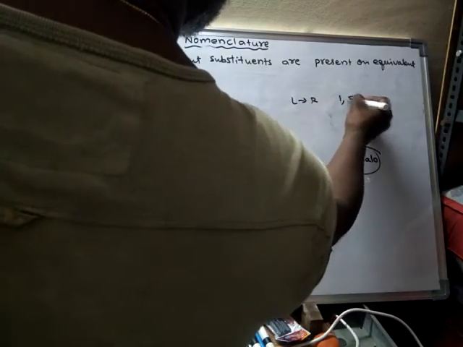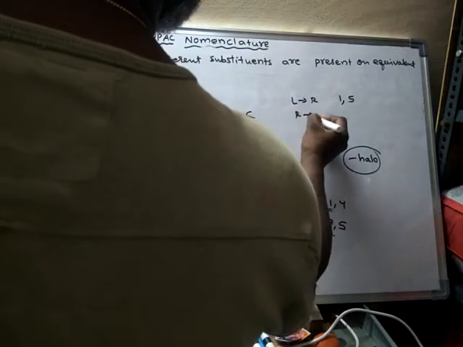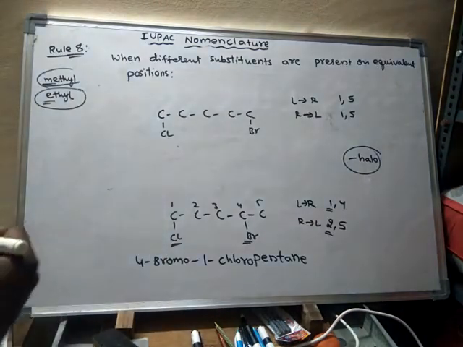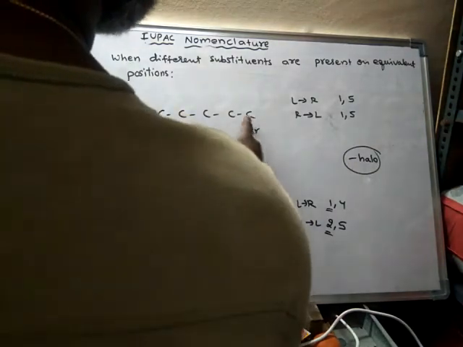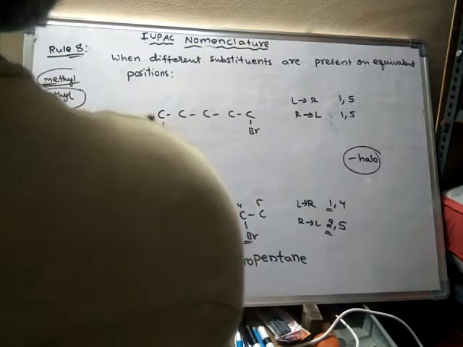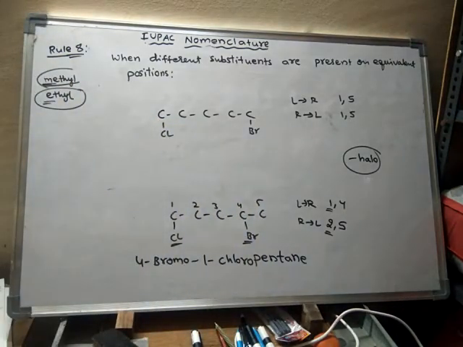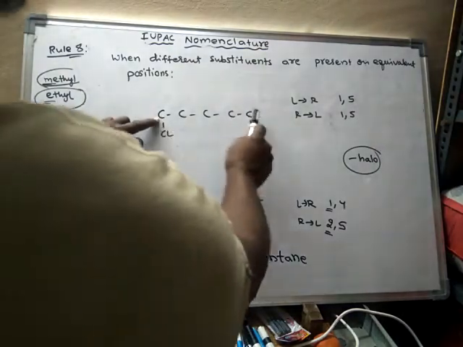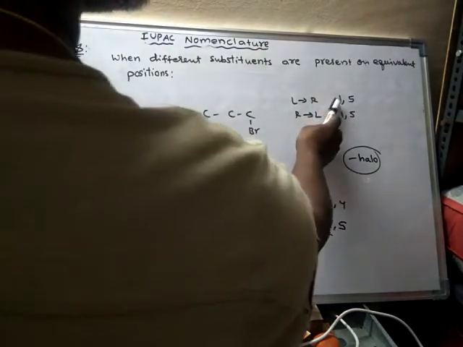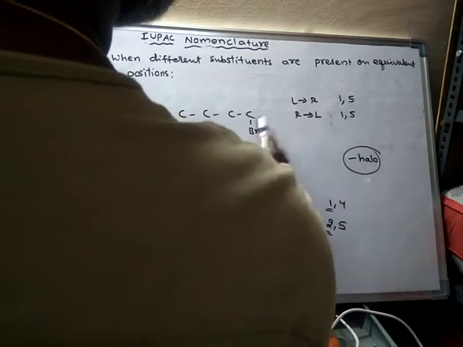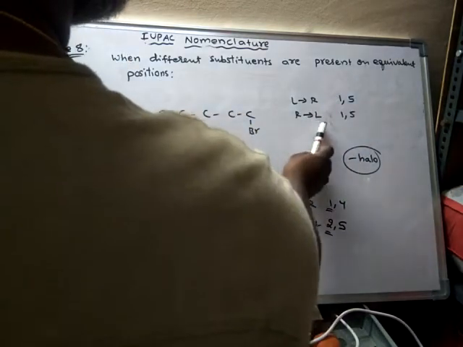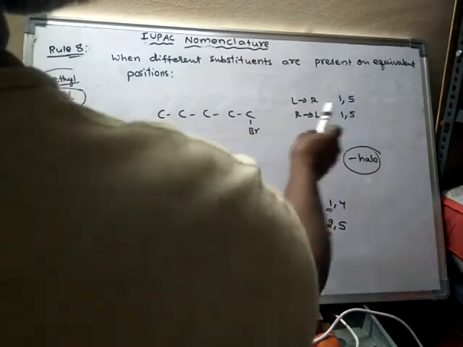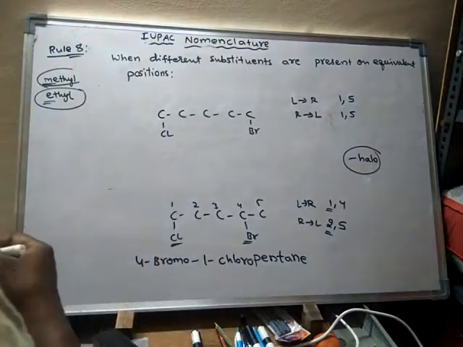From right to left also, it is the first and fifth carbons that are the locant carbons. But if in this direction you go, the first locant is chloro and the fifth locant is bromo. In this direction, from right to left, the first locant is bromo and the fifth locant is chloro.